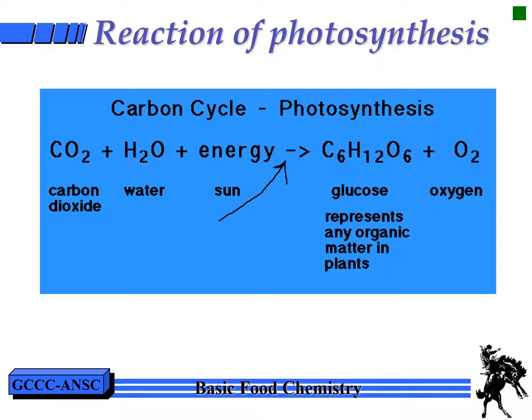To make this balance, you need to see that there are 6 carbons here and only one over here. So it actually takes 6 carbon dioxides. Then for oxygen, we get 18 and 18.